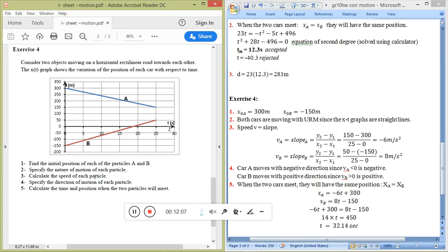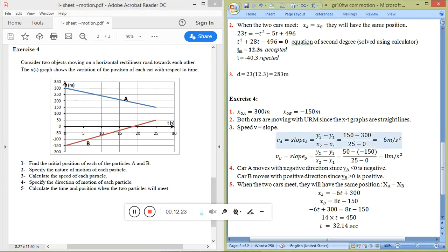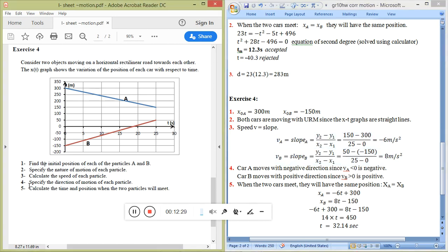The speed in an xt graph is always the velocity. If we calculate the slope, it's delta y over delta x, so delta x over delta t, which is the velocity. So to calculate the speed, just calculate the slope. We know how to calculate the slope for each curve. Number 4, specify the direction of motion.